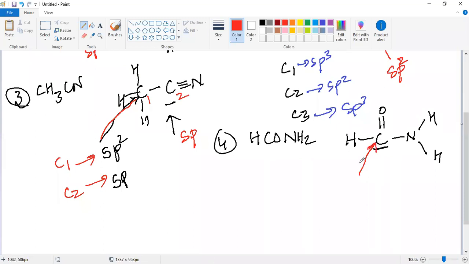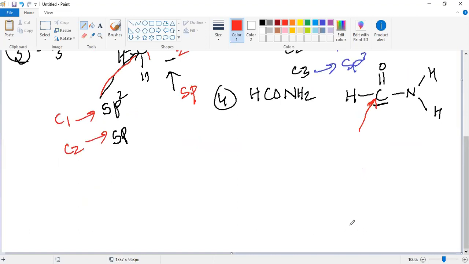Tell me, what is the hybridization for this carbon? sp2. You are right. Can you please repeat it once again? sp2. Beta, please be a little louder. sp2. Thank you.